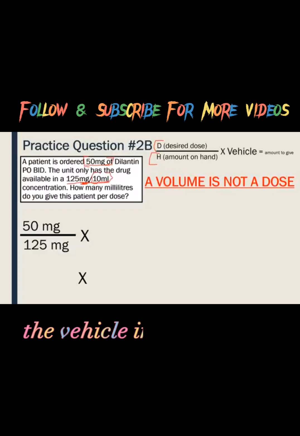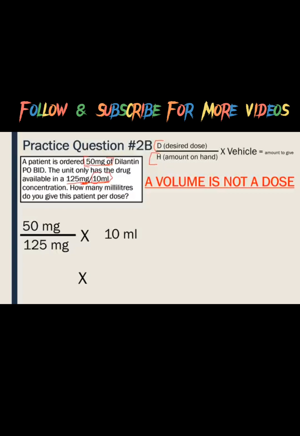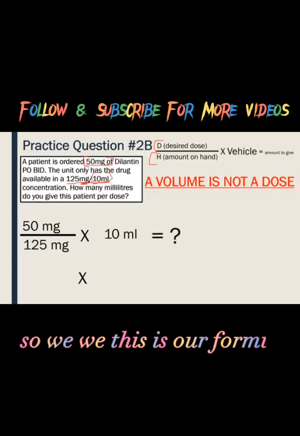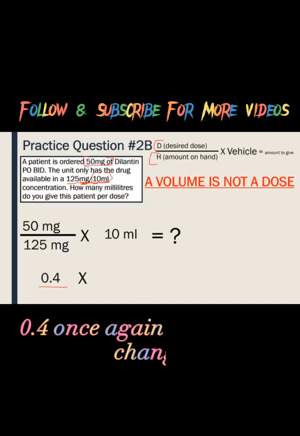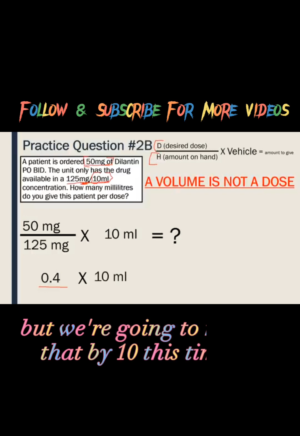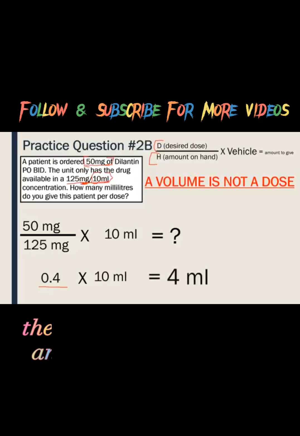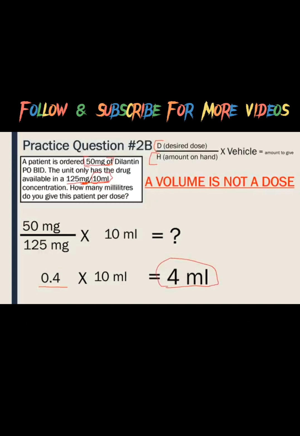The vehicle in this case is 10 milliliters instead of the 5 milliliters we saw in the last question. So this is our formula, and then we just solve it. 50 divided by 125 is 0.4. Once again, nothing has changed. But we're going to multiply that by 10 this time. And the answer is going to be 4 milliliters.